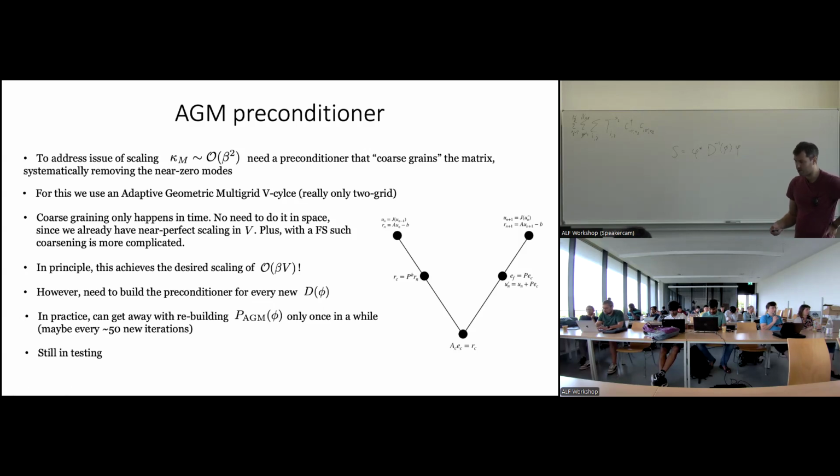Because they're close enough, they don't get updated so rapidly that this preconditioner becomes bad. So you can get away with doing it only once in a while. We've tried 50 iterations, and it still works well.